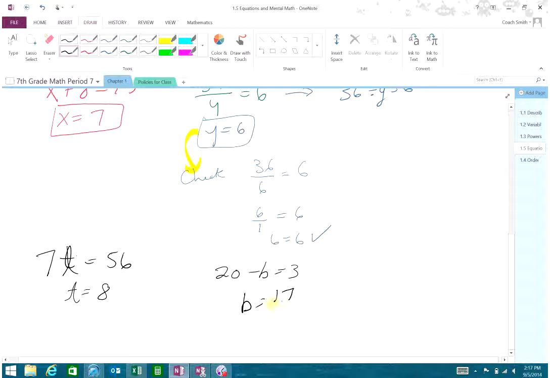B equals 17. All right, well, let's look at it this way. What if we had x minus 7 equal 10? Jacob, x minus 7 equal 10. What does x have to be equal to?